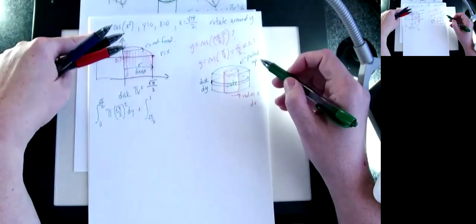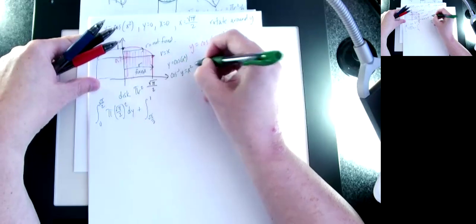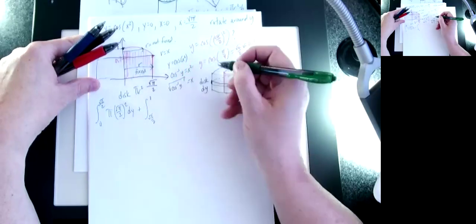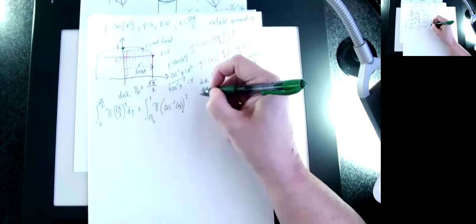The radius here is x. So I need to solve this for x. So y equals cosine x squared. We'll do cosine inverse of y equals x squared. So x equals the square root of cosine inverse y. Ugh. That's got to get squared because that's my radius. That's my disk approach.